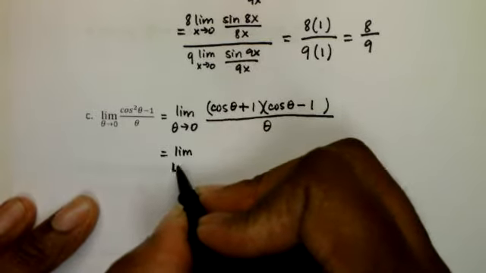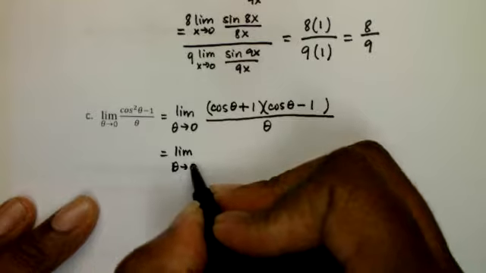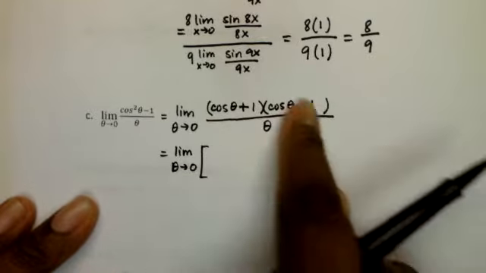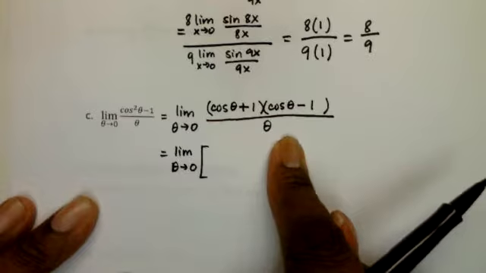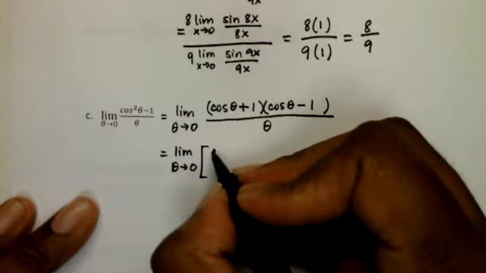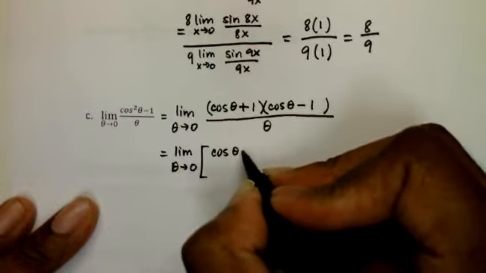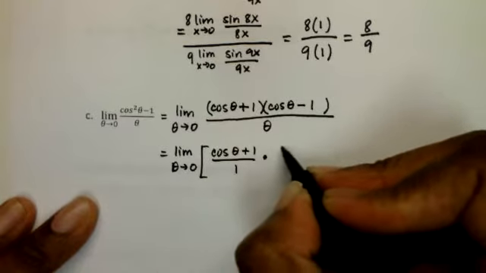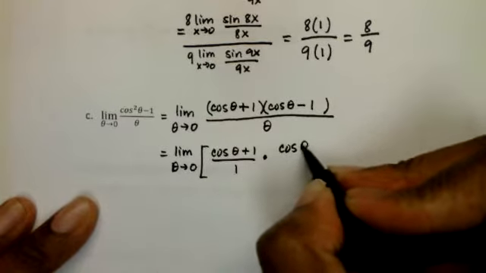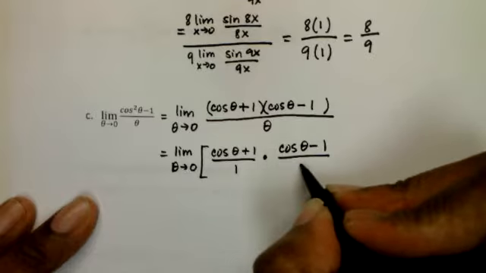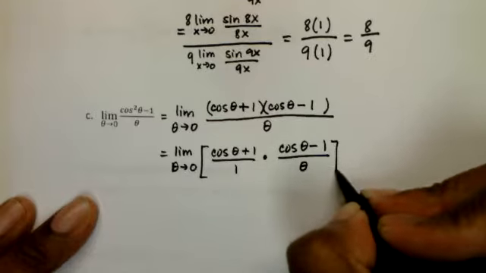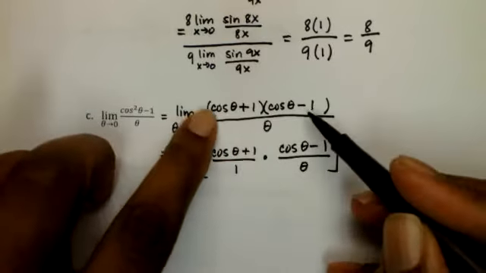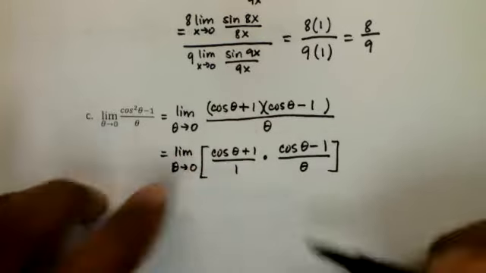Now I'm going to bring down the limit as theta approaches 0. Now I'm going to break this up into 2 separate parts. One will be the cosine theta plus 1 over 1 times cosine theta minus 1 divided by theta. Okay, because if I multiply this numerator times this numerator, I get this, then 1 times theta would be theta.